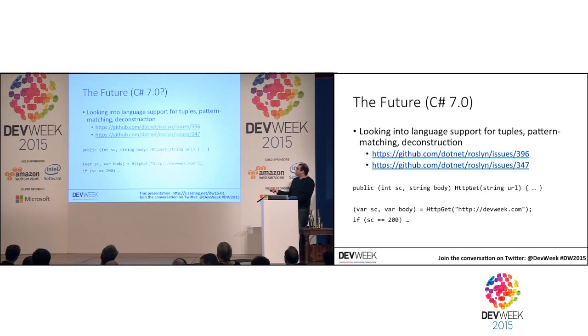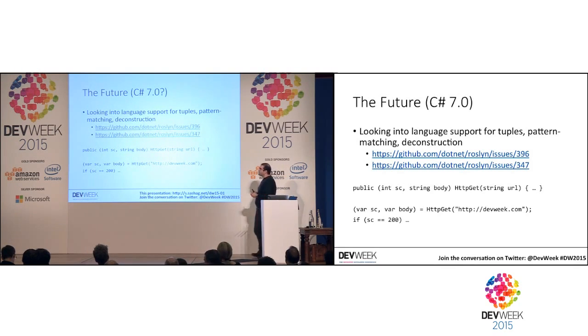So you take the tuple returned by HTTP GET and you deconstruct it into the sc and body variables. And this would apply to any method that returns a tuple. So you could always deconstruct a tuple like that. That's one proposal. That's one potential syntax.